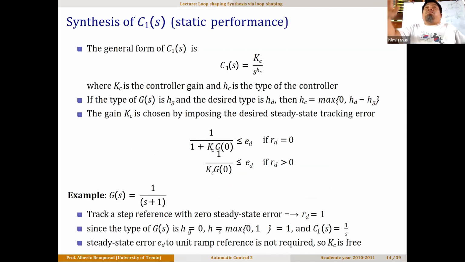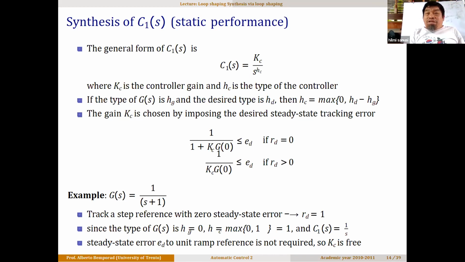So we do it in two parts. Like in your lead lag controller, you do the lead first or the lag first. Lag will do certain things, lead will do certain things. It is the same here. Basically, when you look at the lead lag controller, it is actually a loop shaping.